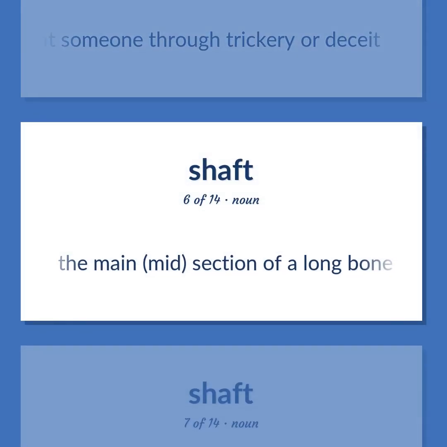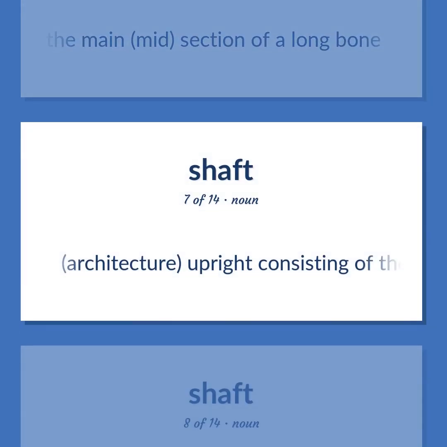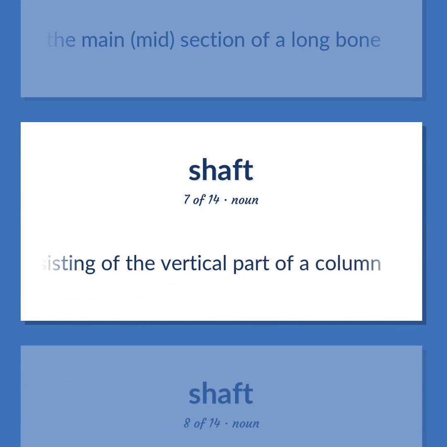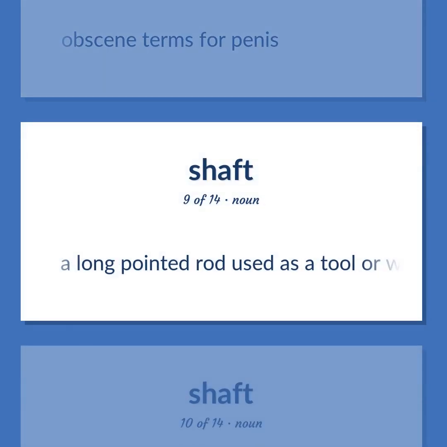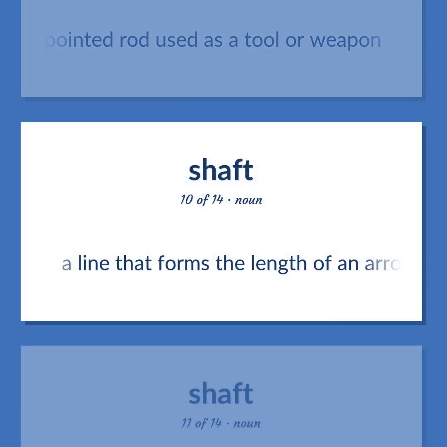The main, mid-section of a long bone. Architecture. Upright consisting of the vertical part of a column. Obscene terms for penis. A long pointed rod used as a tool or weapon. A line that forms the length of an arrow pointer.